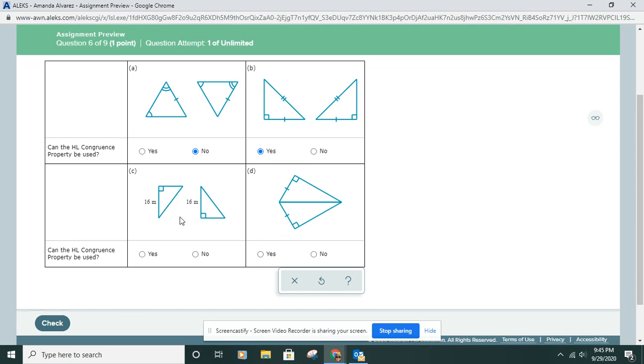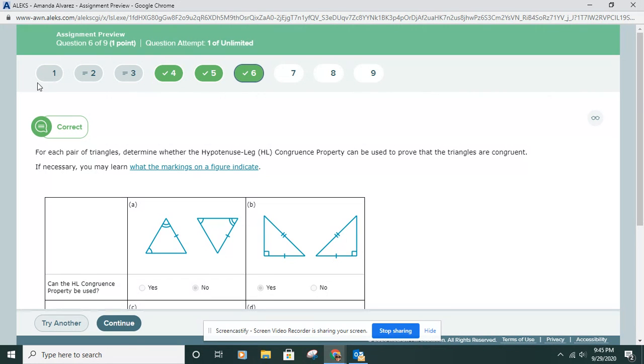The sides are congruent because they're the same measure, but I don't have the hypotenuse marked, so I'm going to say no. And then over here I have a right angle, a leg, and a leg. They actually share the hypotenuse, which means by reflexive property that the hypotenuse is congruent. So yes, let's check it and see how I did. And it's correct.